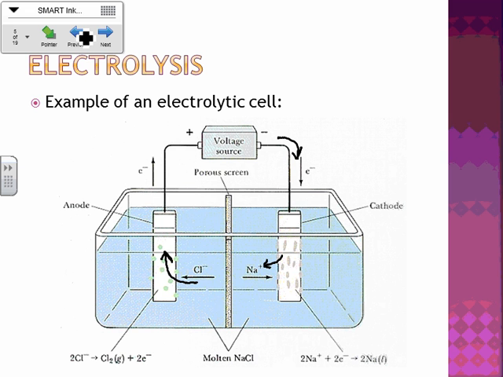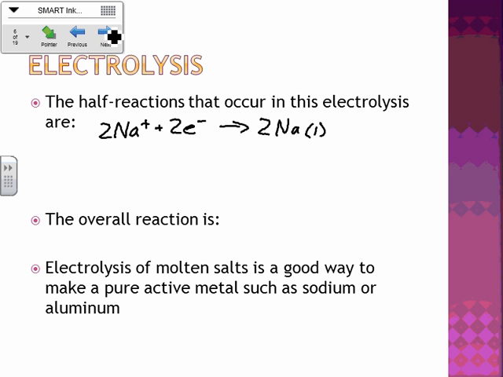And then you've got 2 Cl- yielding Cl2 gas plus 2 electrons. The reason these are all 2's is that when you add these two together, remember the number of electrons being lost needs to equal the number of electrons being gained. So those are your 2 half reactions.